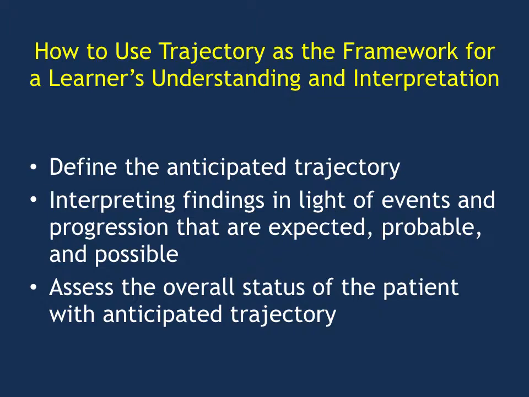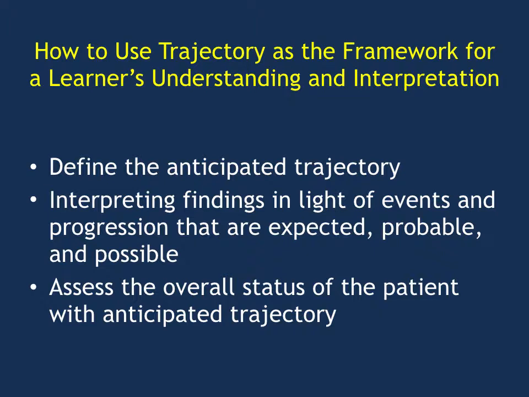And so what we can have them do is, first of all, since there isn't a rush as in the case of the clinic, help them take some time and with your guidance, help them define what the anticipated trajectory for this type of operation is, or whatever type of operation that they're following.